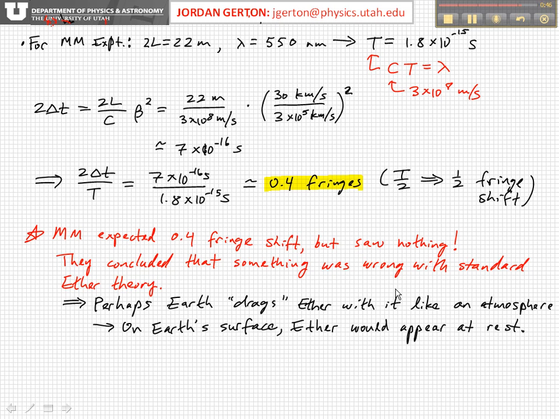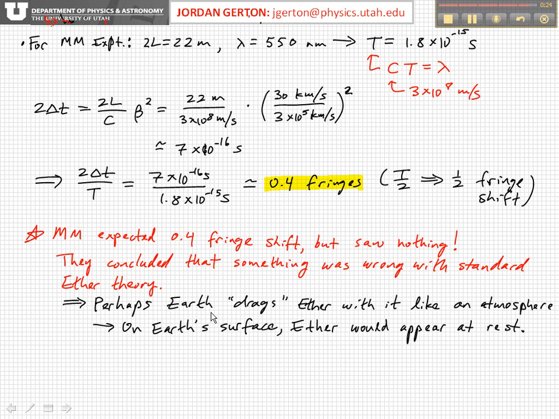Okay, but they and others were pretty hesitant to give up on the ether theory, and they proposed a number of different things. For example, perhaps the Earth had a sort of an atmosphere of ether that it would drag along with it as it moved around, as it orbited around the Sun.